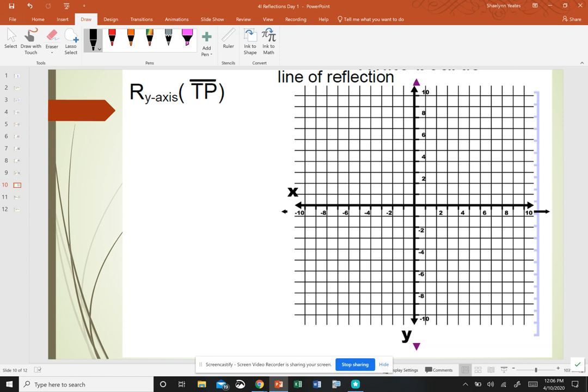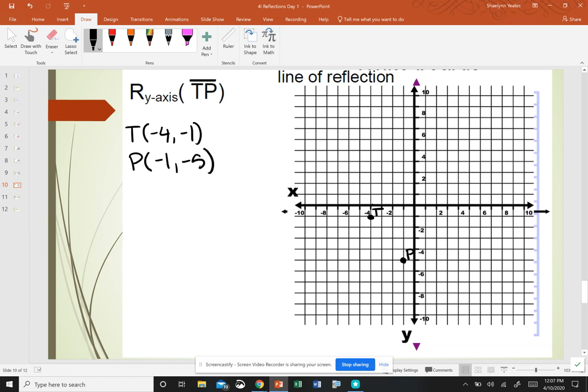All right, let's look at this. So we're going to take our line TP, which is on your paper. T is at the point -4, -1, and P is at the point -1, -5. So here's T, and then P is going to be at -1, -5.